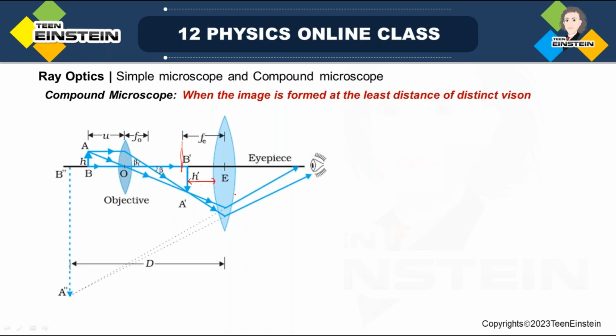Then, as you know, a virtual image is formed on the same side as the object, and it is erect. So the eyepiece is acting as a simple microscope here.